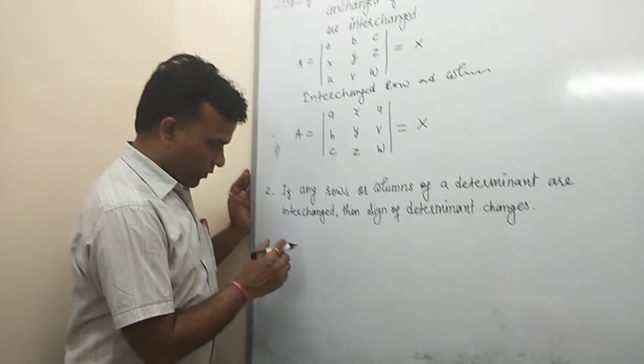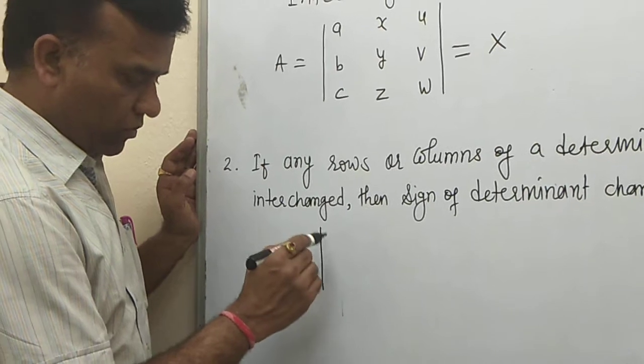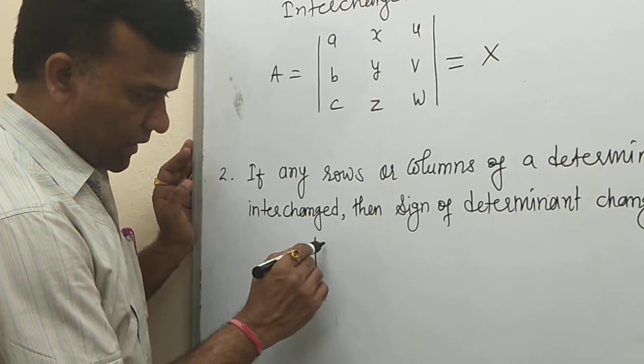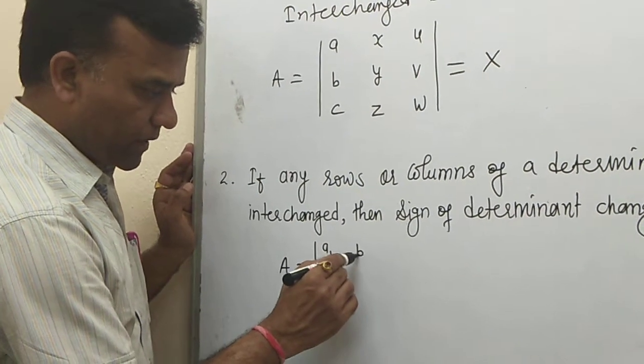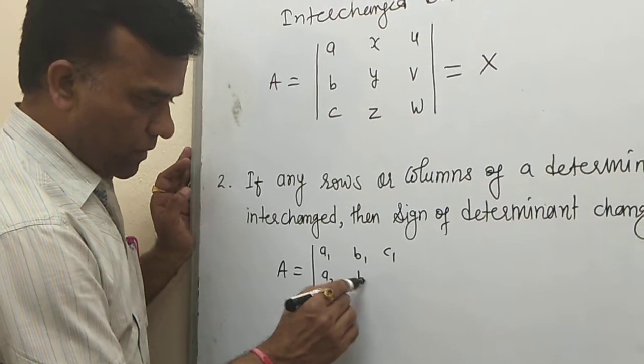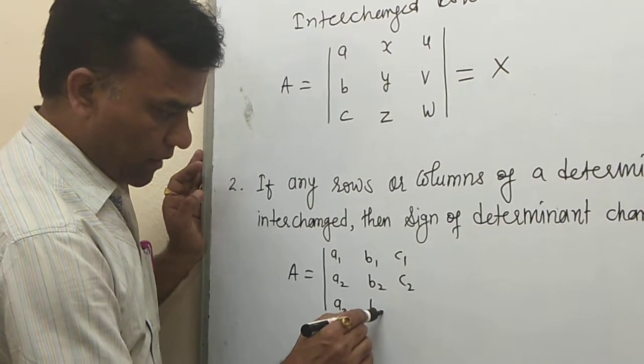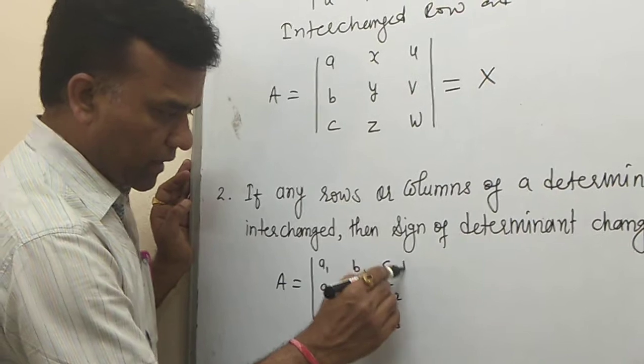For example, suppose you write down A1, B1, C1, A2, B2, C2, A3, B3 and C3.